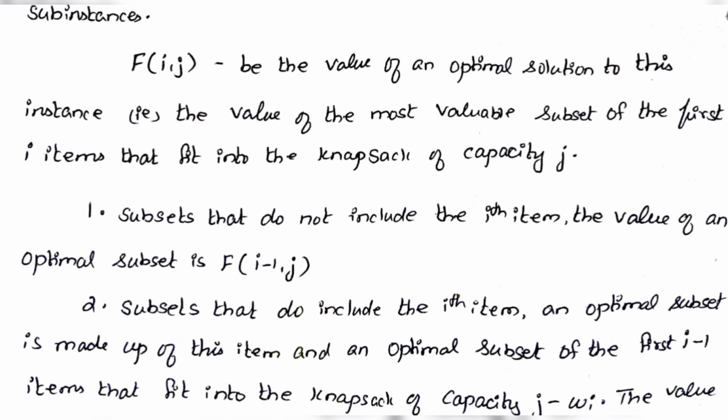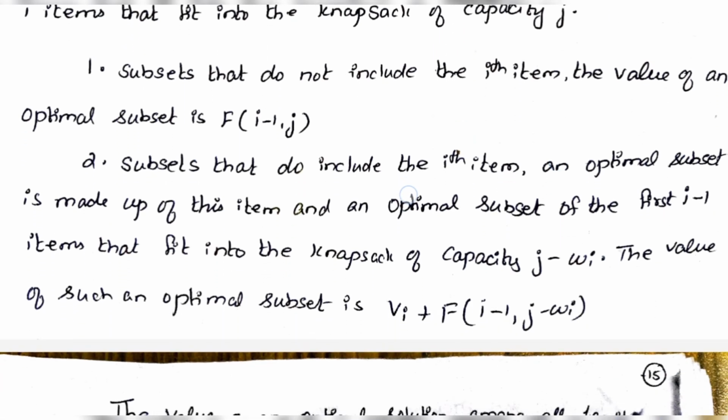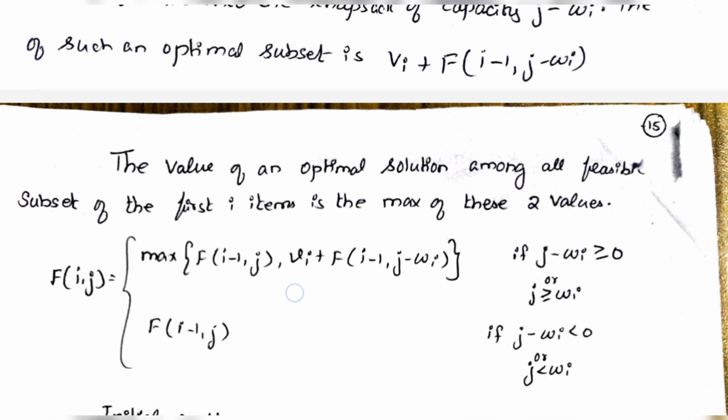For subsets that include the ith item, an optimal subset is made up of this item and an optimal subset of the first i minus 1 items that fit into the knapsack of capacity j minus wi. The value of such an optimal subset is vi plus F of i minus 1, j minus wi.